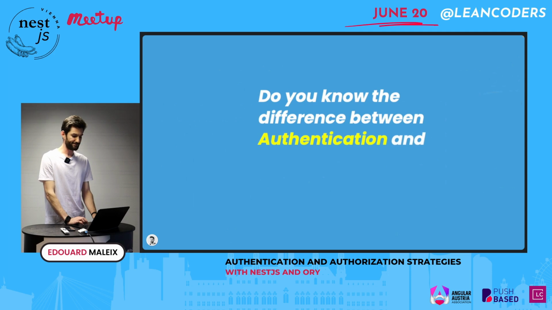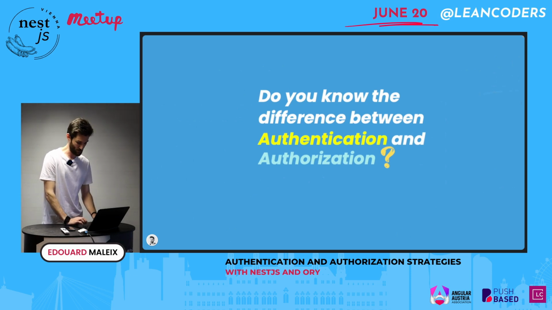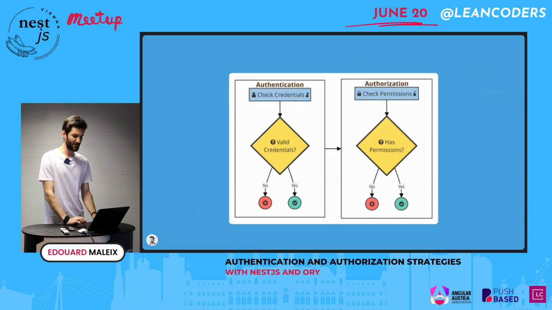First of all, do you know the difference between authentication and authorization? Yeah, we all got it clear? We're sure about that, because sometimes there are ambiguities. Even just yesterday, I was reviewing a PR, and it was still not clear for a peer who starts and what's the purpose of each one. So just to clarify, authentication is the act of verifying credentials, or verifying the identity of a user or a machine.